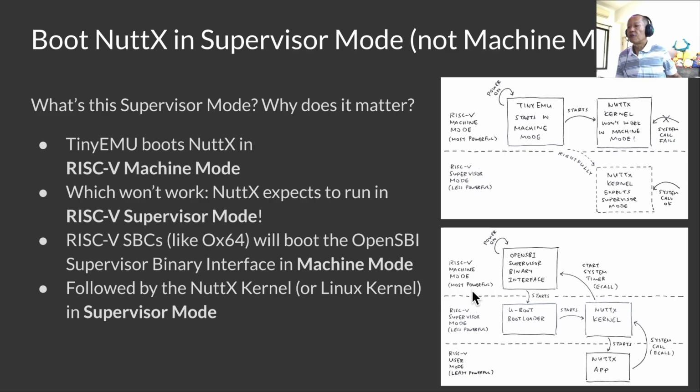That is because RISC-V SBCs, like AUX64, will boot OpenSBI in machine mode. This is the supervisor binary interface. It is like BIOS for RISC-V. OpenSBI then boots the Nutex kernel in supervisor mode. Okay, technically OpenSBI boots the U-Boot bootloader followed by the Nutex kernel.